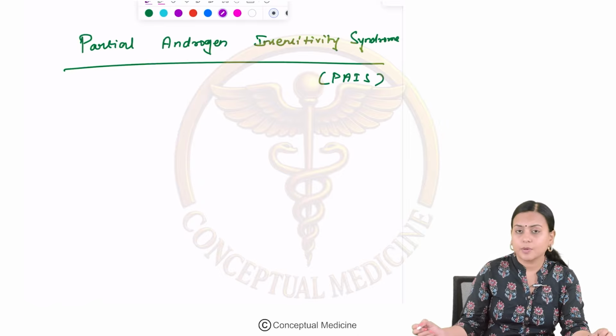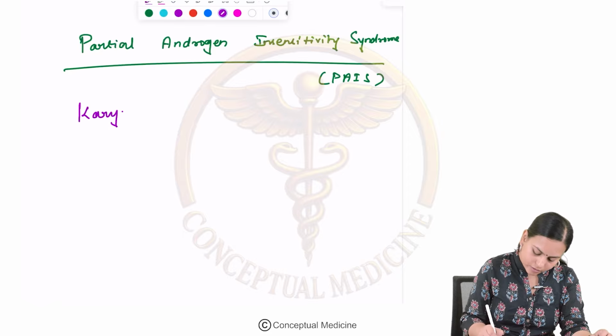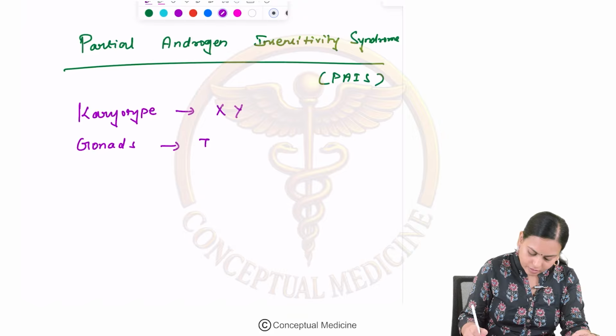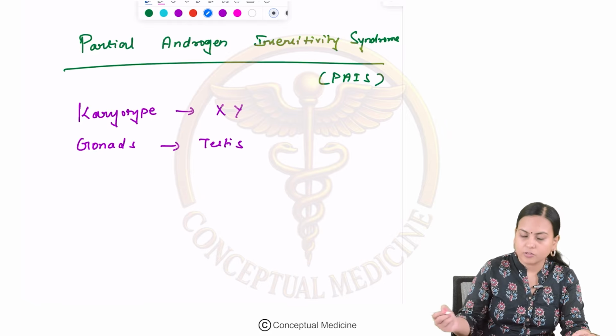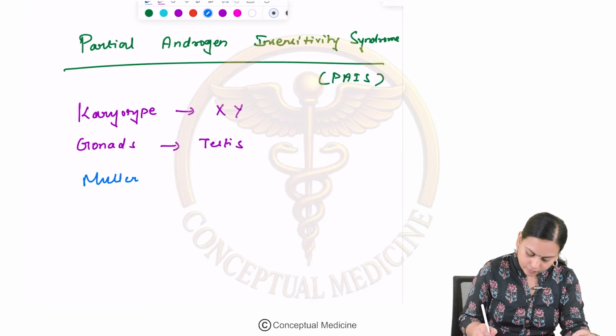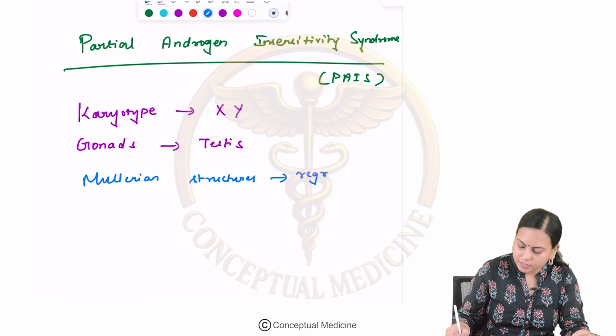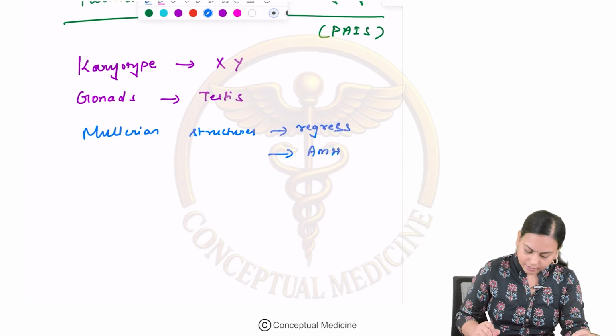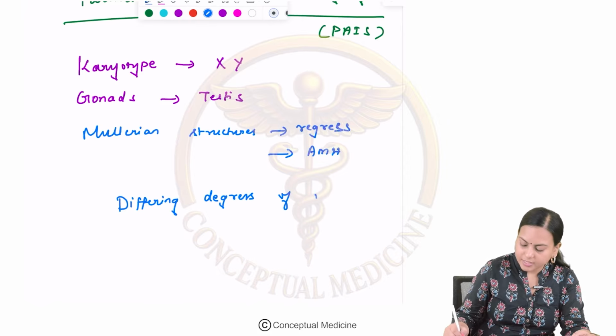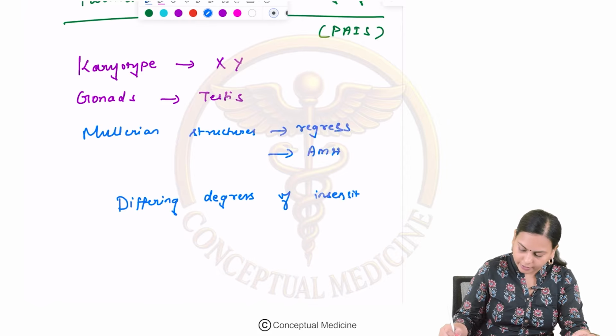Okay, so in these people the karyotype is going to be XY, the gonads are going to be testes, and here also the Müllerian structures are going to regress under the action of anti-Müllerian hormone, and then different degrees of insensitivity are seen.